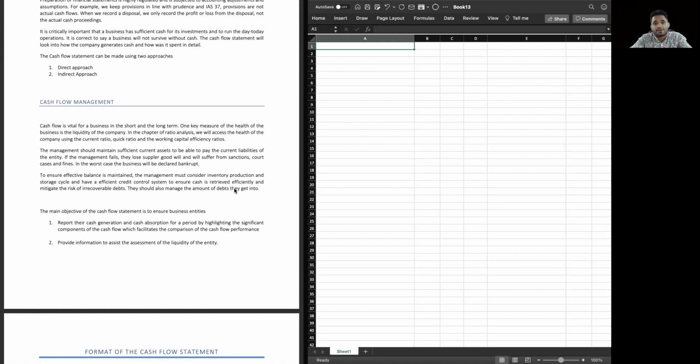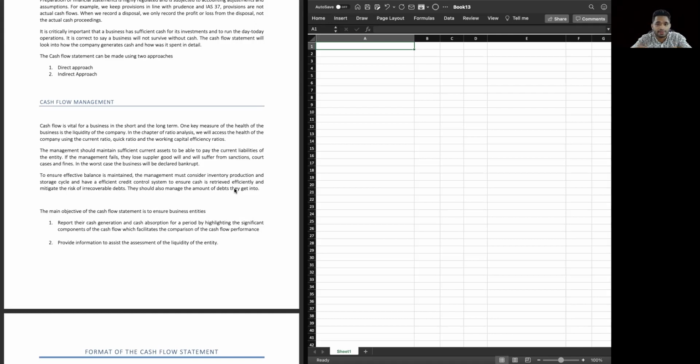So it's vital and important for you to manage your cash properly. You need to make sure you have sufficient cash to run your business operations. You need to make sure your business operations are making enough cash to fund your investments. It needs to make enough cash to pay your loans, the repayment of your finances.